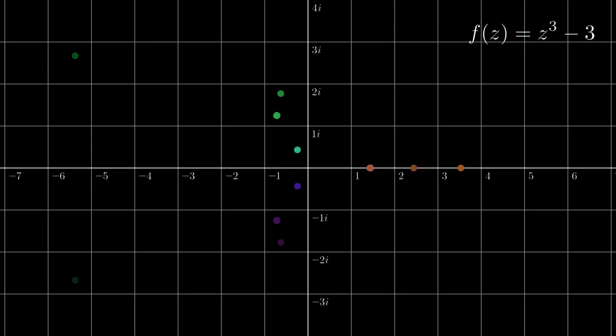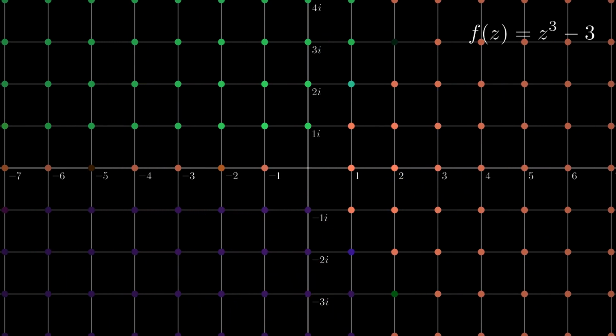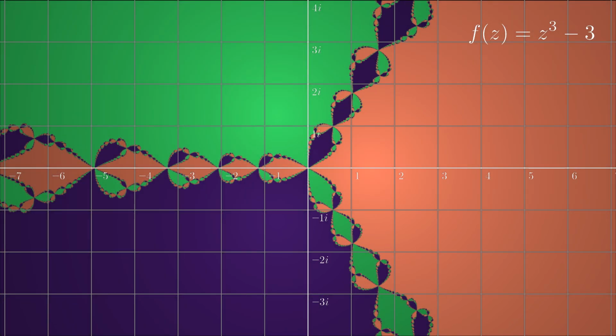Again, we color points depending on their landing position. This figure is perhaps the most famous of all Newton's fractals.